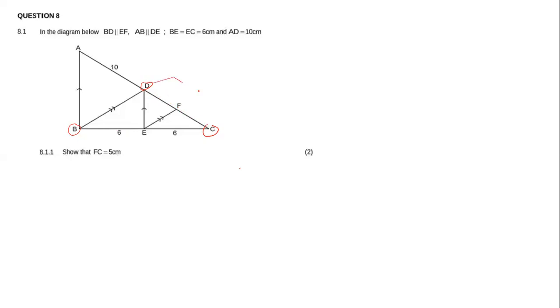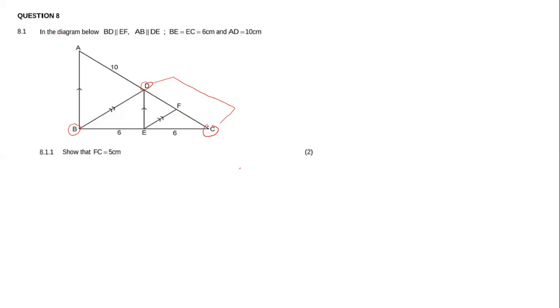If I had the total side DC, I was going to take half of this side, and let's say maybe here it is 10. I'm going to say 10 divided by 2 is going to be 5. So that means DF is going to be 5, FC is going to be 5. So I need DC or I need DF. But apparently the only thing that I can calculate here is DC. Question is again, how am I going to calculate DC?